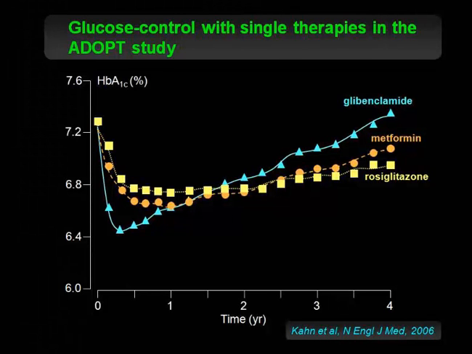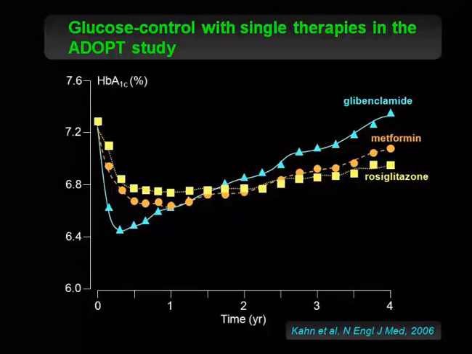Now, we have some other information if we think about how other drugs worked. I've referred to metformin already, but of course, the group of agents which cause the best persistence of glucose control are the thiazolidinediones. Even this difference is statistically significant.